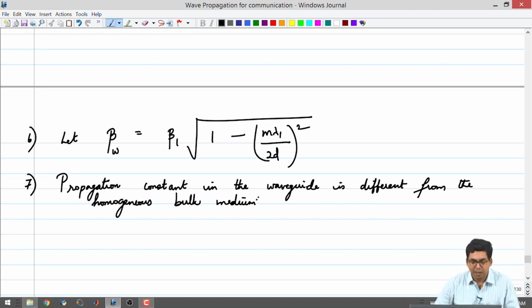It is definitely different. Beta w is not equal to beta 1. It could be, if you choose m equal to 0, or d equal to infinity.